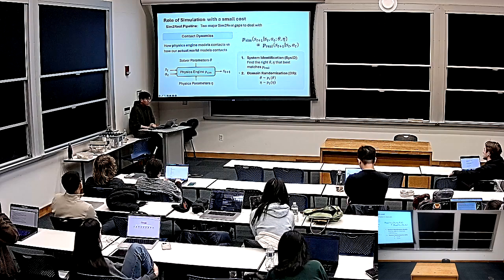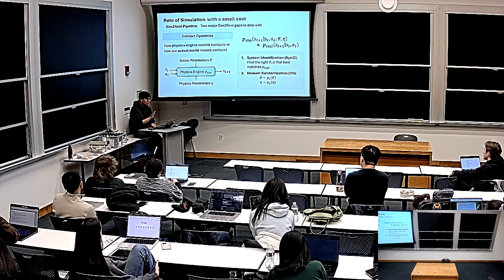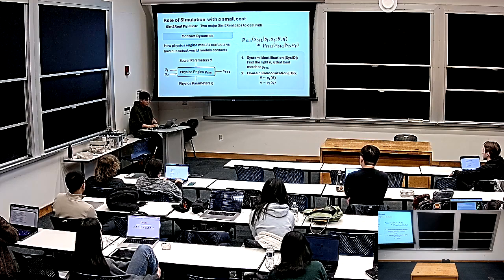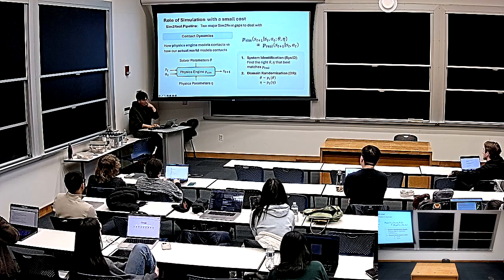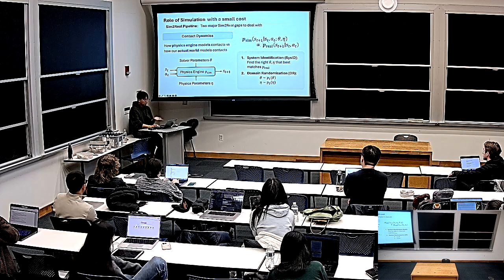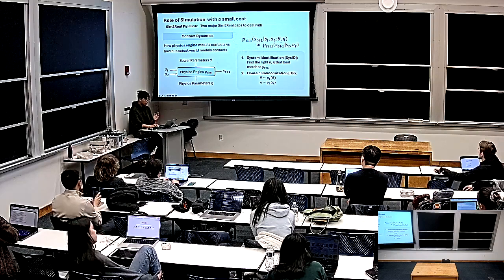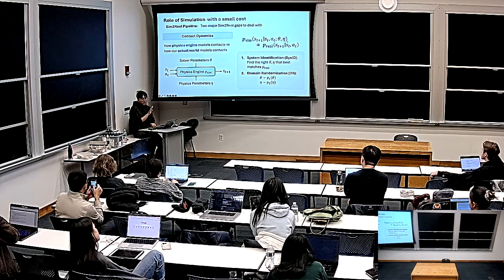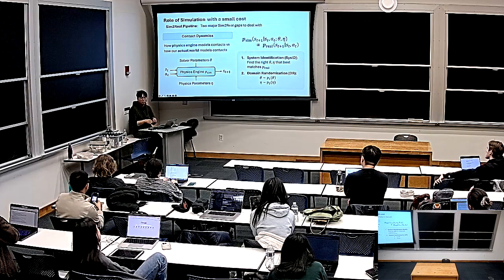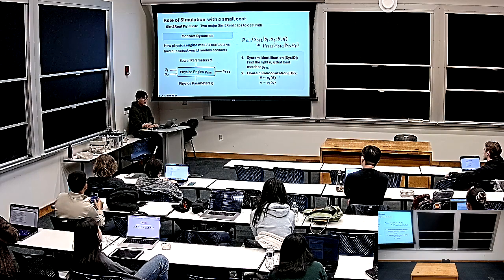But the major sim-to-real gap stems from the fact that this contact dynamics P_sim, which is s_{t+1} conditioned on s_t and a_t, parameterized by these two variables, is sometimes very different from the contact dynamics that we get from the real world.